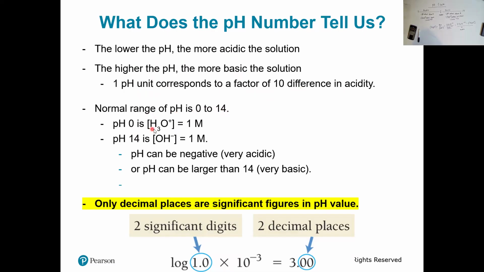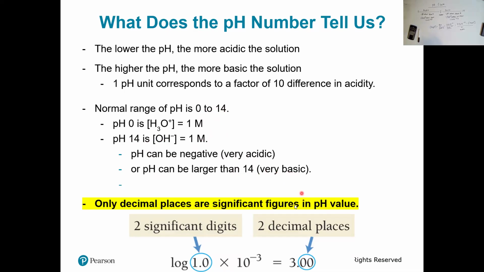A pH of 0 is something that has an H3O plus concentration of 1 molar. We're going to see that something that has a pH of 14 is going to have a hydroxide ion concentration of around 1 molar. And the only time we're going to see pHs that are out of the range of 0 to 14 is when we have something that is extremely concentrated, very acidic. If it's above 14, it's going to be extremely concentrated, very basic.